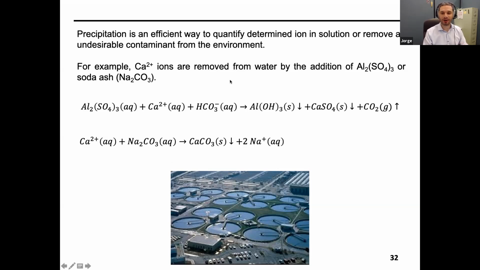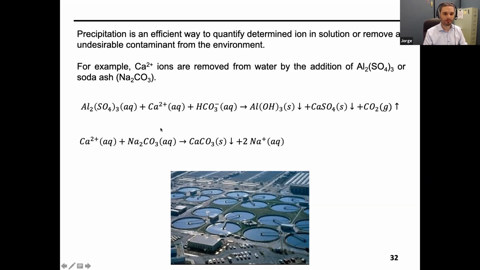That's a very simple reaction where you precipitate calcium ions by the addition of aluminum sulfate or even sodium carbonate. When aluminum sulfate is added, calcium combines with the sulfate, because that's the negative part of the salt, and precipitates as calcium sulfate. Once calcium is precipitated, you can filter or decant and get rid of the calcium.